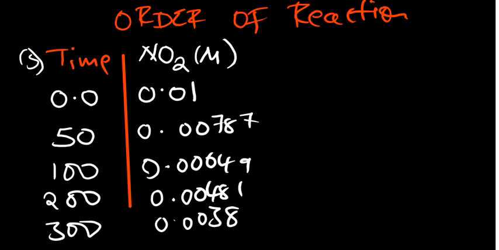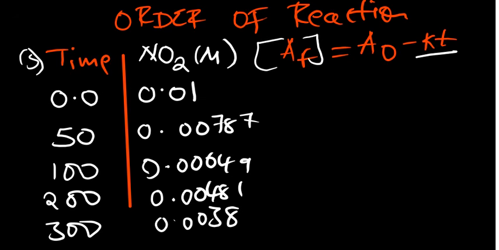Remember from the equations that we had, our zero order reaction is supposed to come out like this. We said the equation is the final concentration is equal to the initial concentration minus kt. Consider that part to be the gradient. So this one is supposed to come out like this when you have a graph like that.